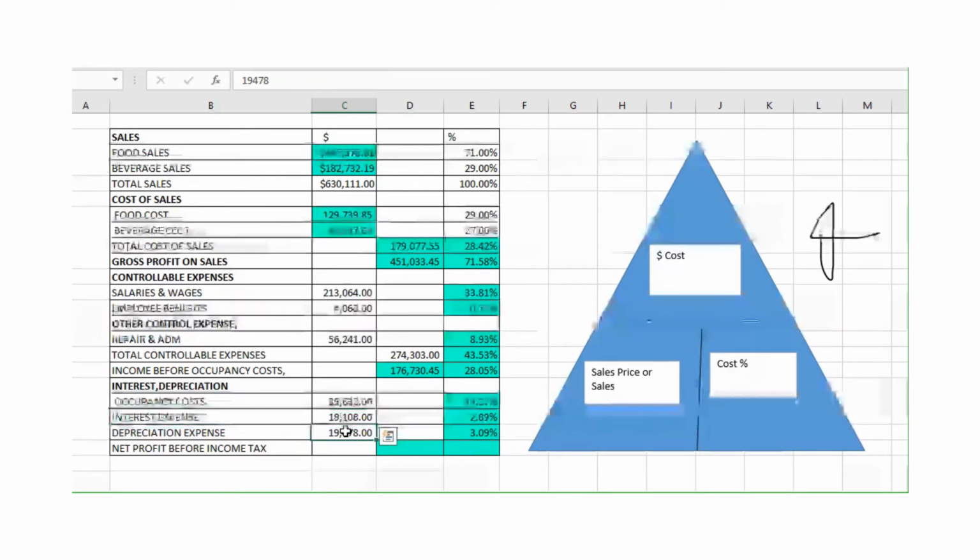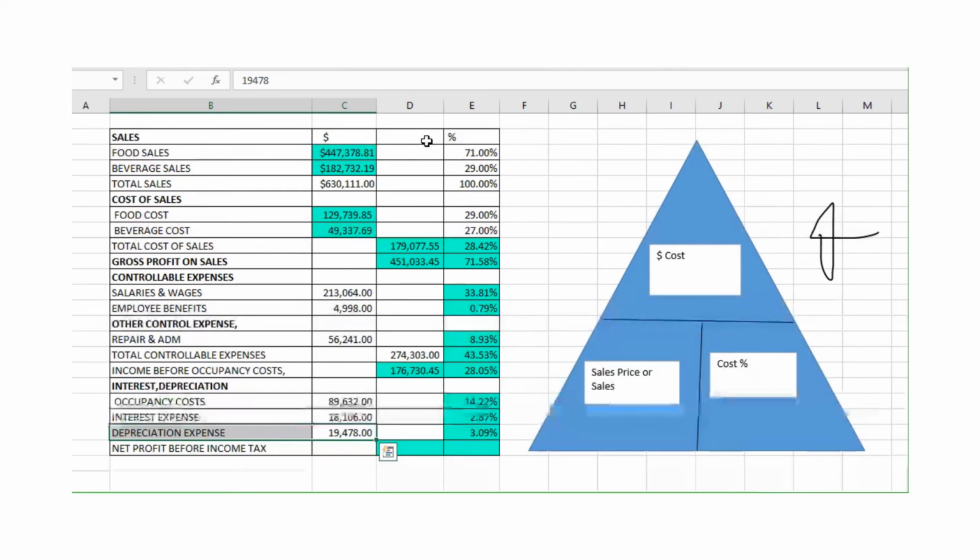And depreciation, I'm not expecting everyone to know exactly what depreciation is, although it's the allocation of the cost of an asset over the course of its useful life. You don't really need to know exactly what depreciation is in this case. You just need to know that it is a cost item and that we would subtract it in order to calculate our net profit.